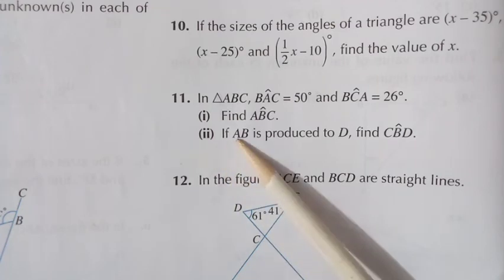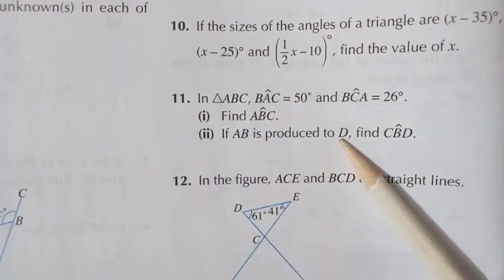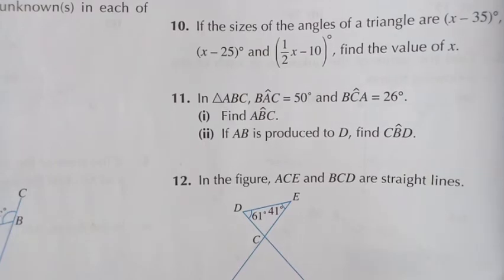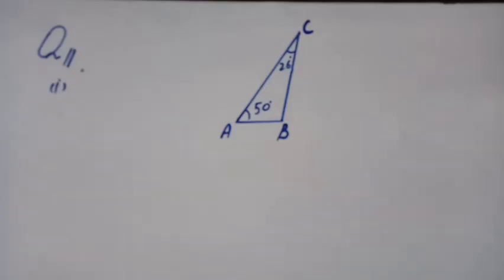Then part 2, if AB is produced to D, find the angle CBD. In this question number 11, we have to find out in this triangle ABC the third unknown angle ABC, at the point B.